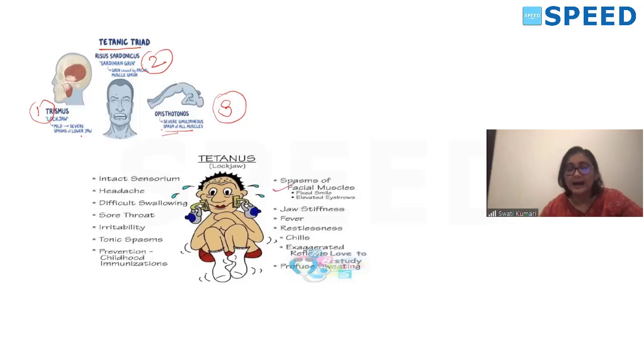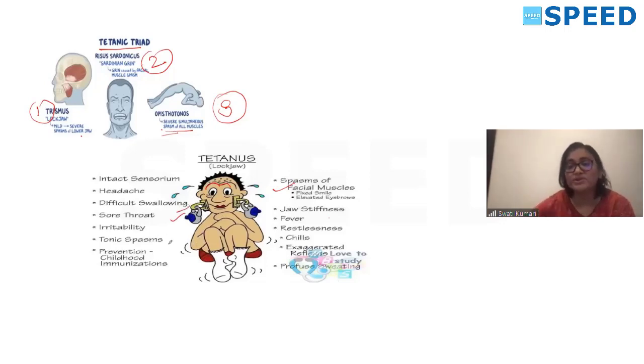You can see in the picture the fixed smile, the elevated eyebrows, and the stiff jaw. All reflexes will be exaggerated because the inhibitory neurotransmitters are inhibited, giving a constant excitation state. Sore throat and difficulty in swallowing will also be present.